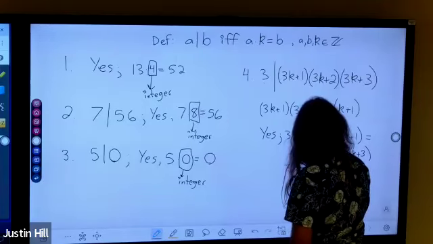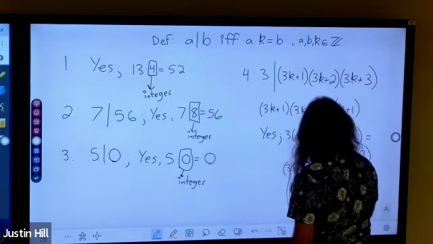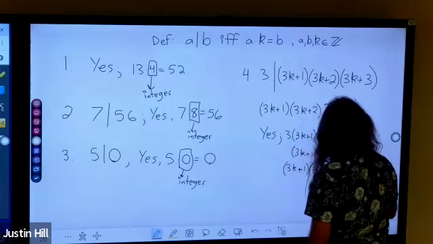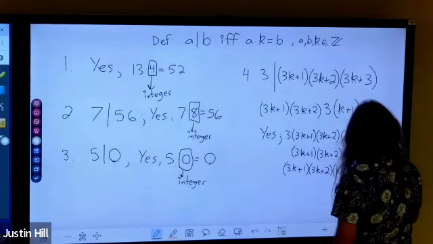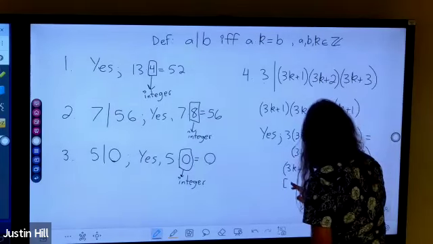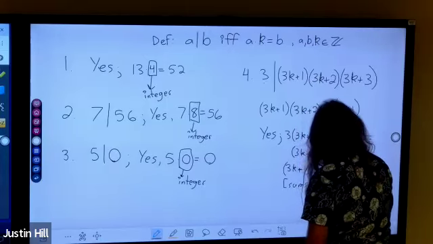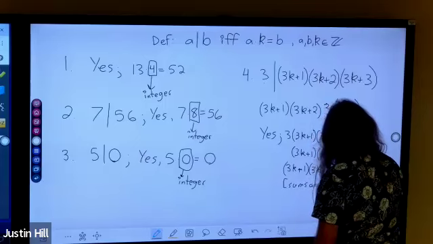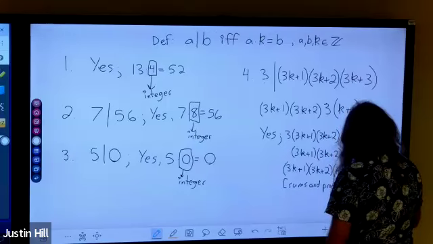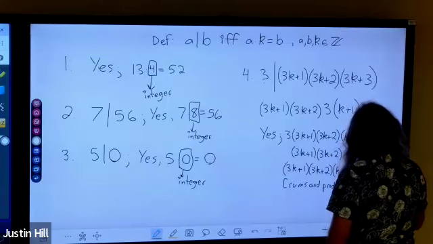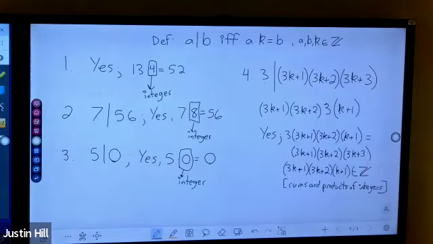So we can say 3k plus 1 times 3k plus 2 times k plus 1 is an integer, and that's because of the sums and products of integers.